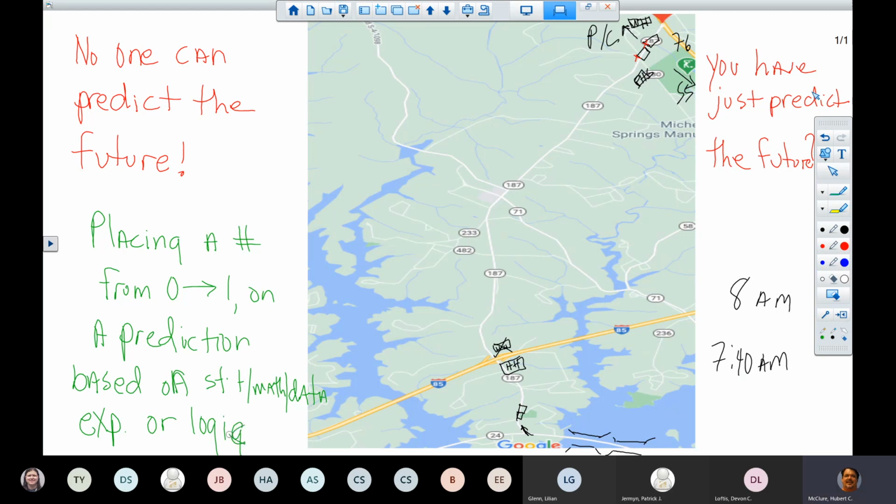Now, I didn't use mathematics or data on this one. I used experience and logic. What did I tell you I did for 15, 16 years? I traveled 187, because anybody that lives in West Anderson, West LA, where's West LA?